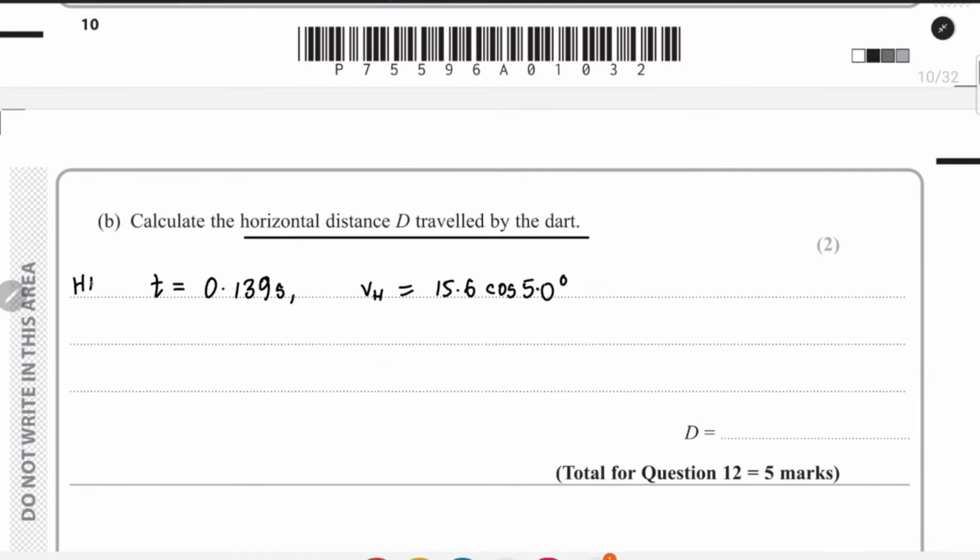Horizontal motion, so d will be 15.6 cos 5.0 degrees multiplied by 0.139. This will be 2.15 meters.